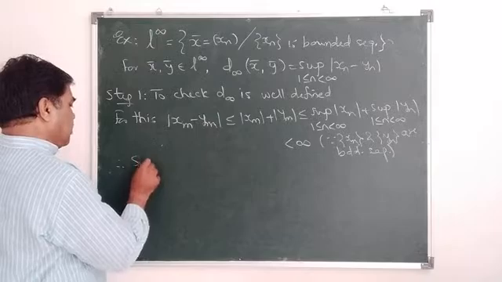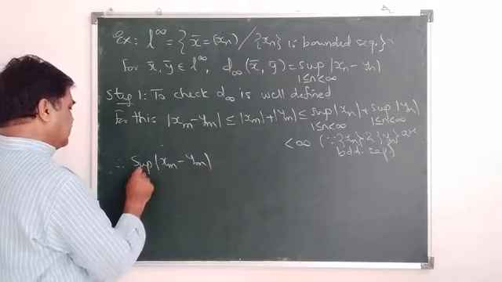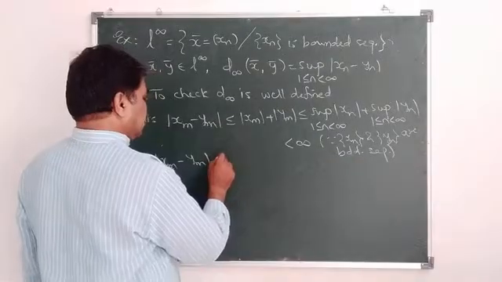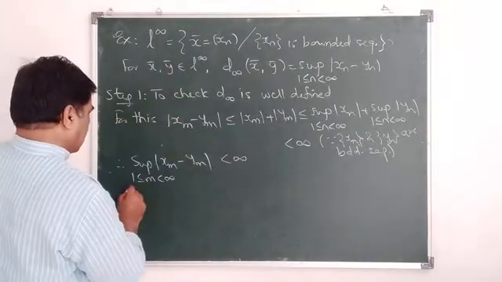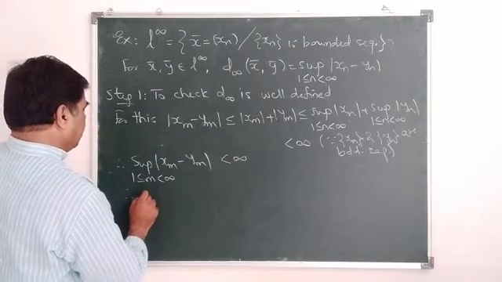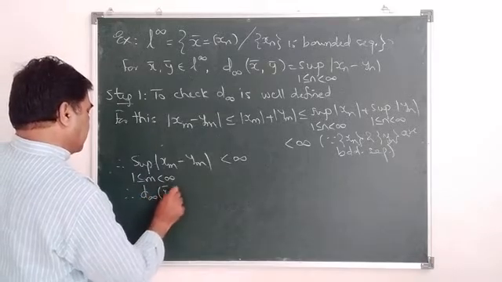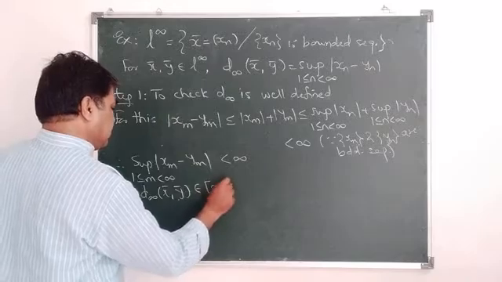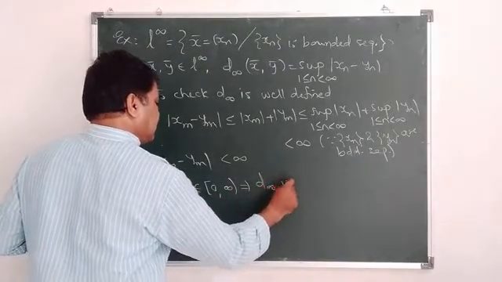Therefore supremum of mod of xm minus ym, where 1 less equal m less than infinity, must be less than infinity, and therefore D infinity of x bar y bar belongs to 0 to infinity. Implies D infinity is well-defined.